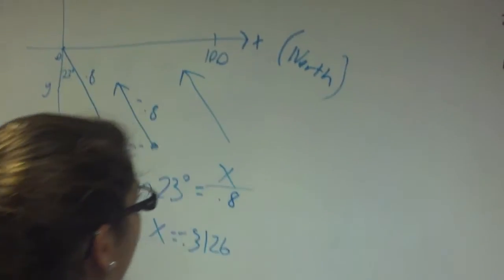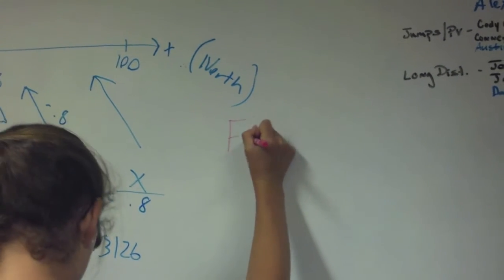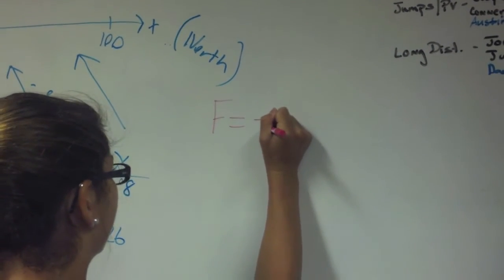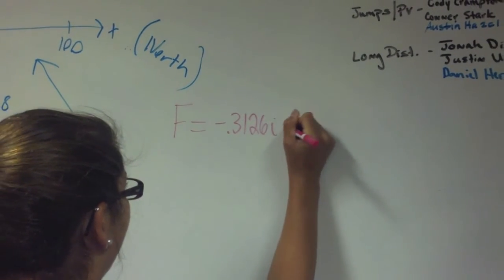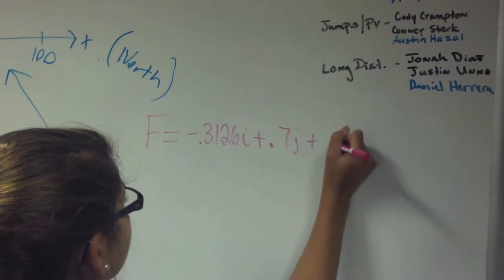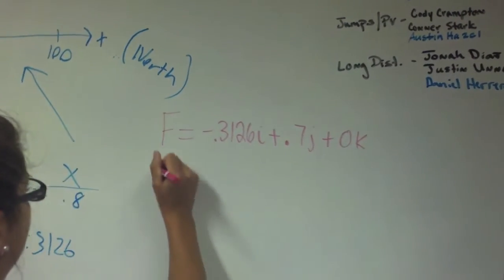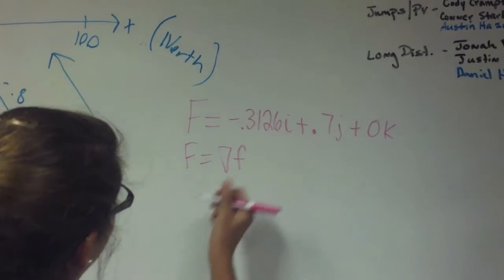Okay, so we have the force, which is big F, which equals negative 0.3126 i plus 0.7 j plus 0 k, and big F equals the gradient of f.